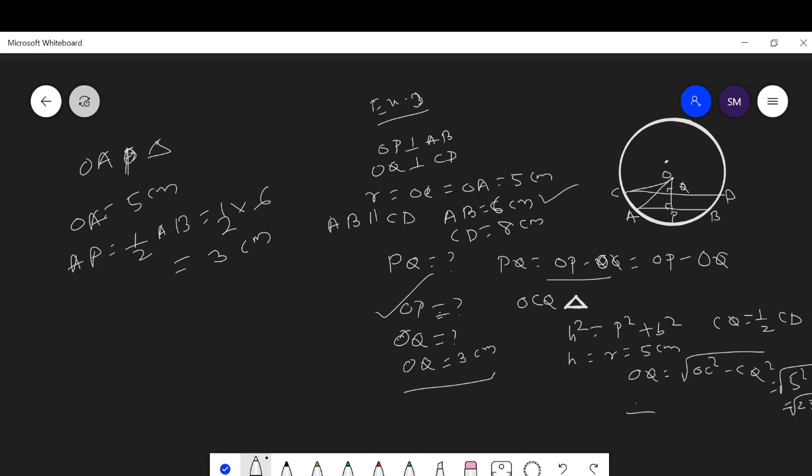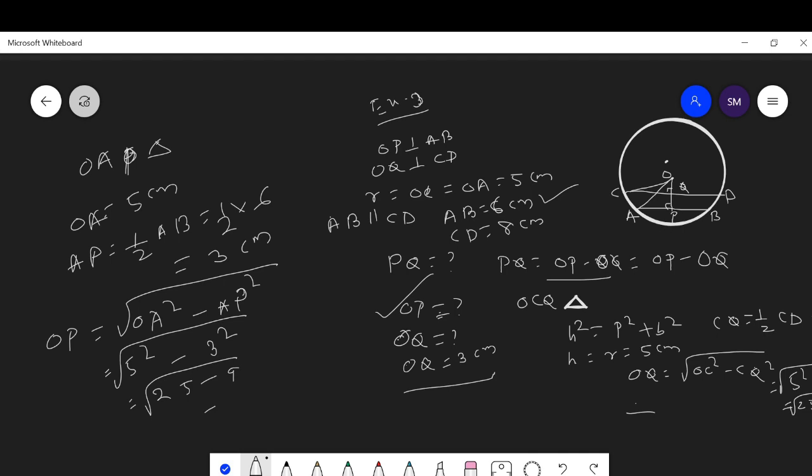AP is equal to 3 centimeter. Then as per Pythagoras theorem, OP is equal to the square root of OA square minus AP square, which is equal to the square root of 5 square minus 3 square, the square root of 25 minus 9, the square root of 16, which is equal to 4 centimeter. Here we find that OP is equal to 4 centimeter.